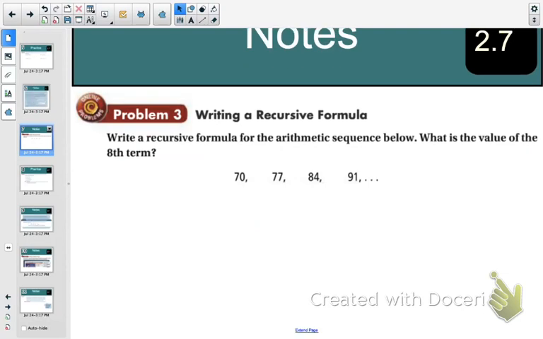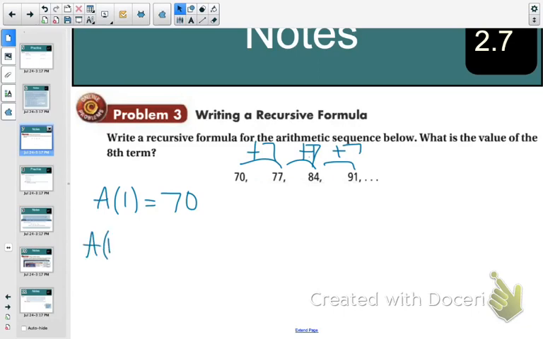If we do it for this one, find your common difference. I'm adding 7, adding 7, adding 7. The first thing I'm going to say is a1 equals our first term, which is 70. And then an equals our previous term, n minus 1, plus 7, because that's our common difference.